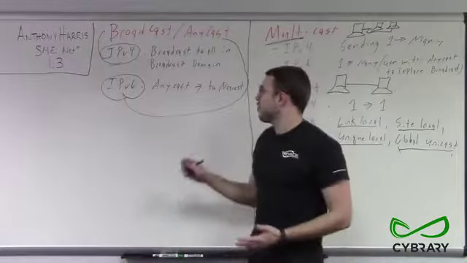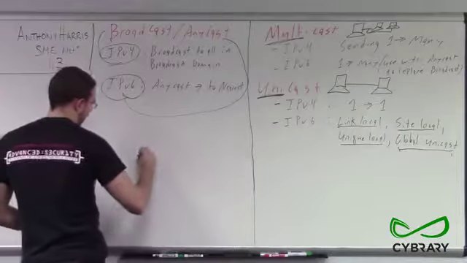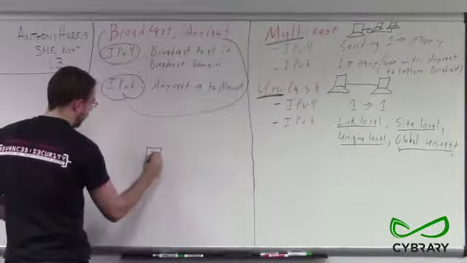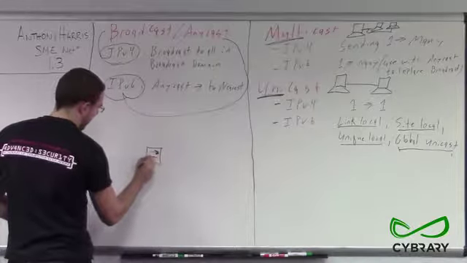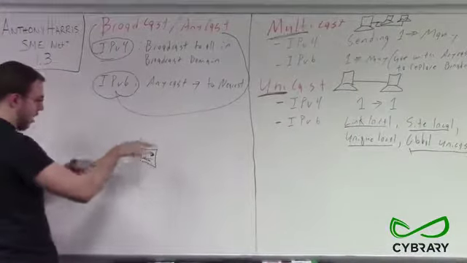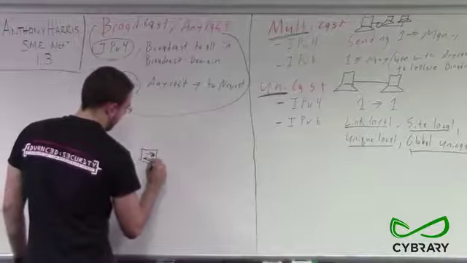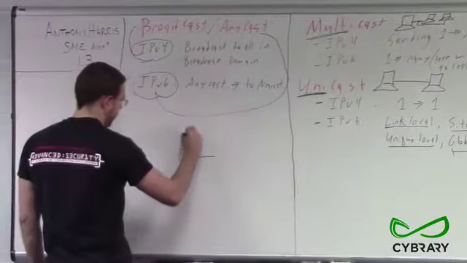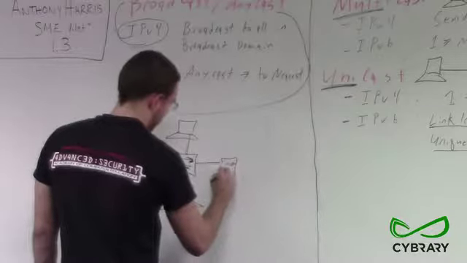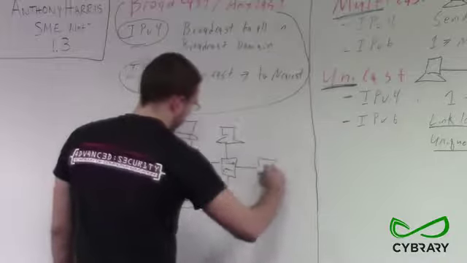Now, if we had a network diagram here, we'll give ourselves a standard switch. We're going to start using these icons more. For example, this box with two arrows going in opposite directions is a switch. So we have our switch with our different computers on it, connected to another switch with other computers on it, and then our second switch is connected to a router.